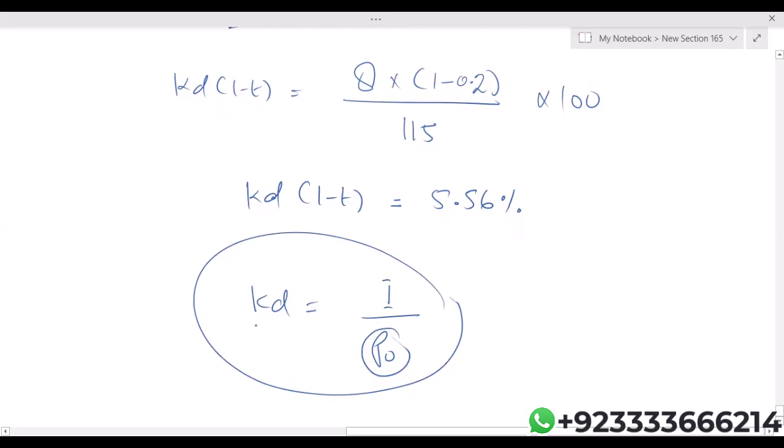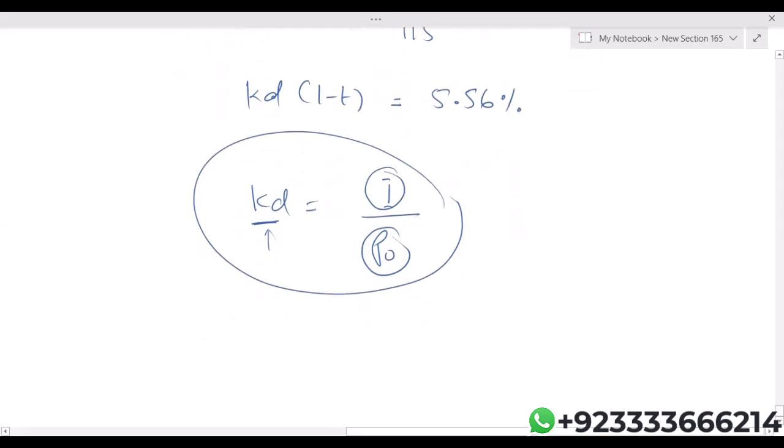If the examiner gives me the KD, the cost of debt, and the cash interest, I can calculate P naught. Actually, it depends on the information, how we are utilizing that formula. Look at this, P naught is equal to cash interest upon only KD.